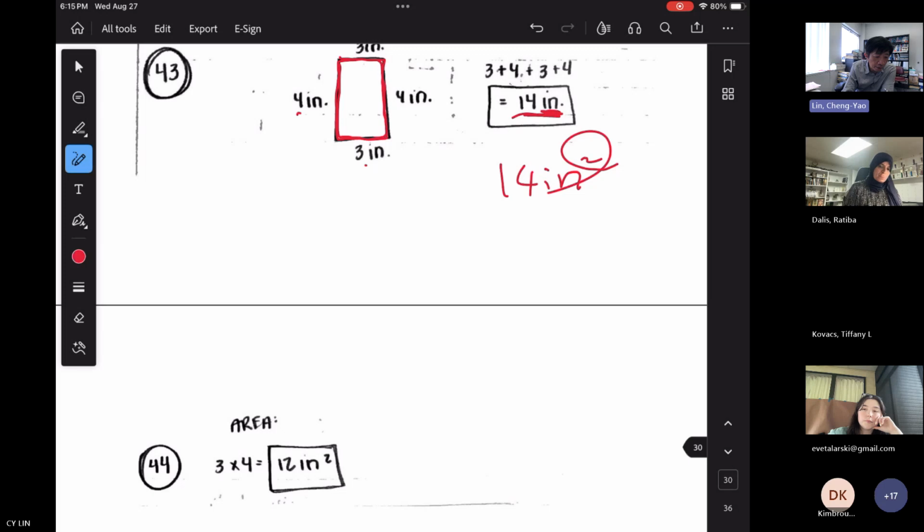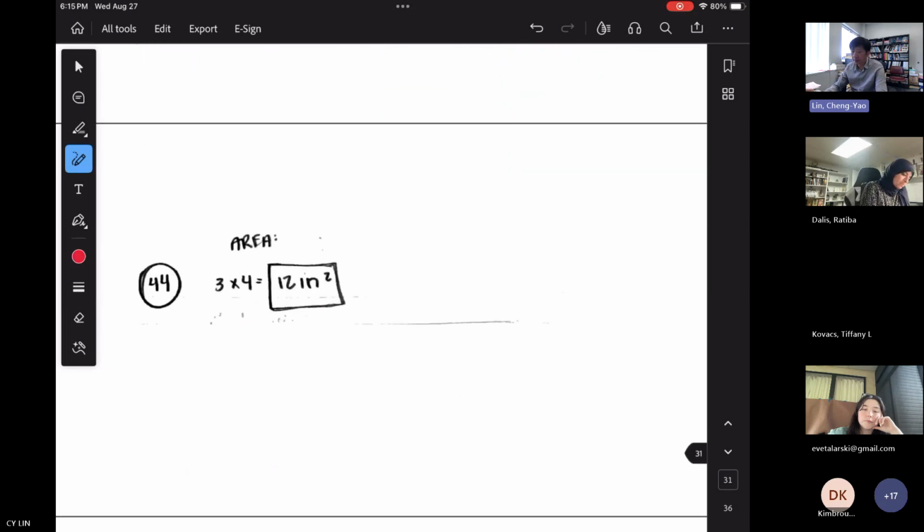What is the area of figure A? Well, I'm going to draw a square picture for 3 by 4 inches. Okay, 3 by 4.